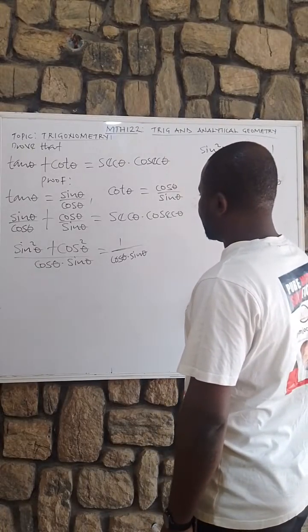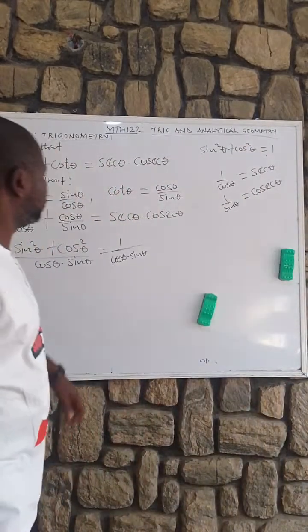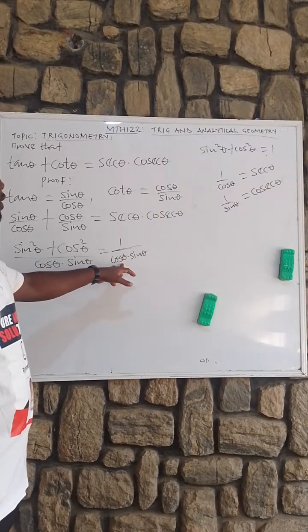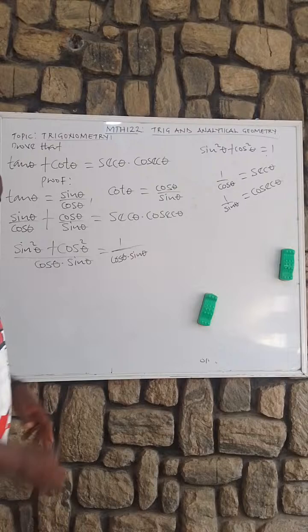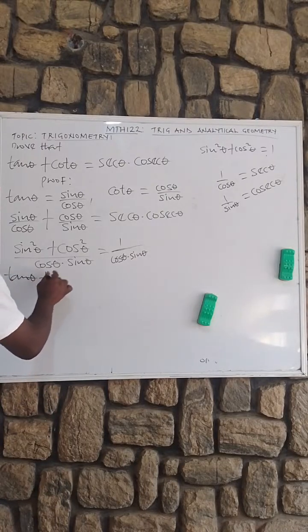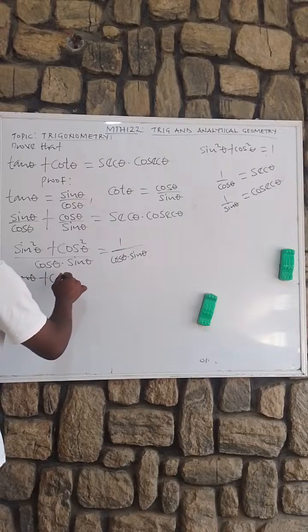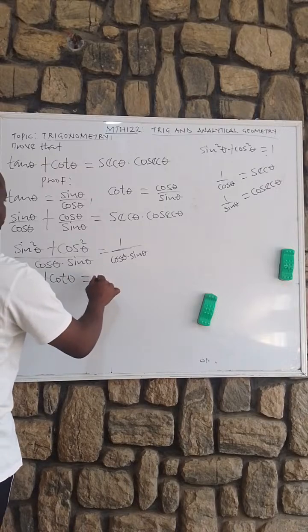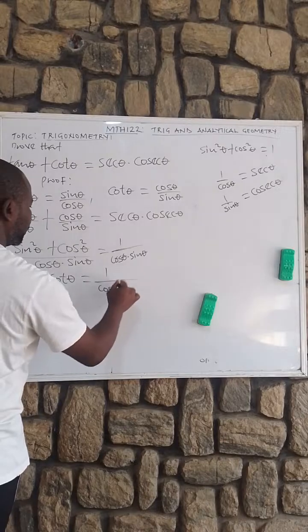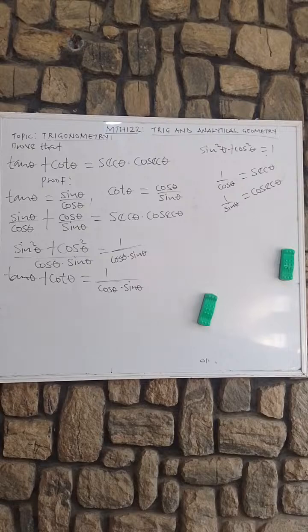By the time you substitute in this, tan theta plus cot theta is now equal to 1 all over cos theta times sin theta. True or false?